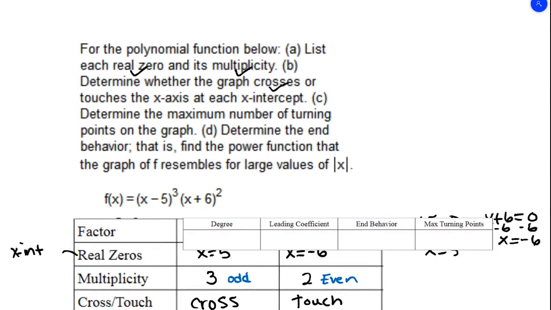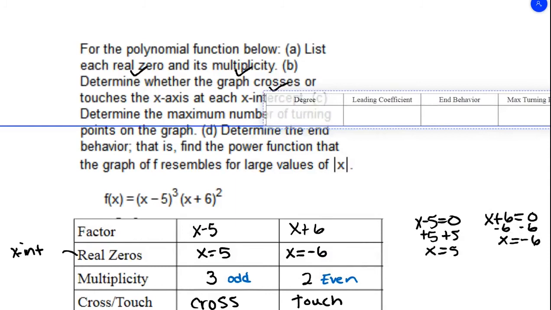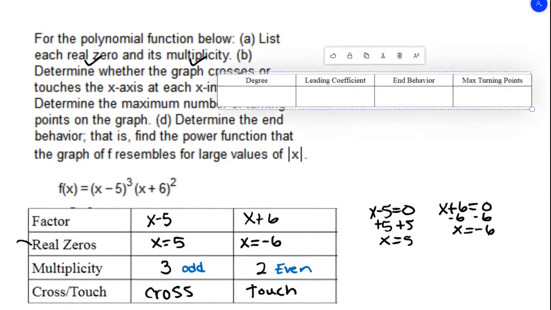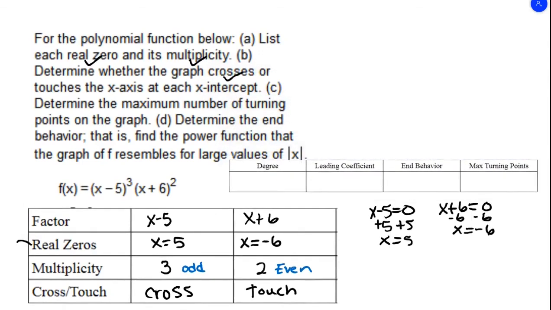So I've got one more table here that we're going to work with. And we want to know the degree of that polynomial. The degree will help us determine the maximum number of turning points. So the degree will be the sum of these two powers. These are powers that are on x. So if we were to multiply this out, the highest power on x would be x to the 5th power.